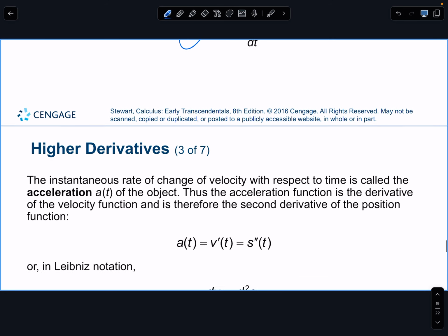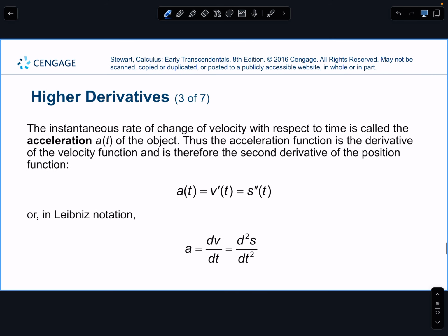But we can also take the derivative of the velocity. The change in the velocity over time is called the acceleration. So the acceleration would be the second derivative of the position. Acceleration is basically you stepping on the gas or stepping on the brake if you're moving in a car. You're accelerating, you're changing your velocity.